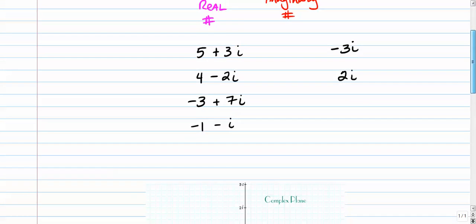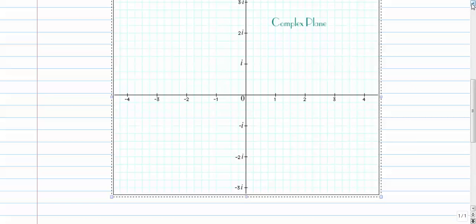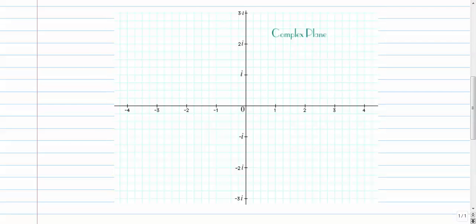Now, in terms of how to graph these imaginary numbers, right, we're going to have a complex plane, which is a little different than the regular Cartesian plane you're used to. So if you're ever asked to graph the point, let's say it's point A, and let's say that that point is 3 plus i.